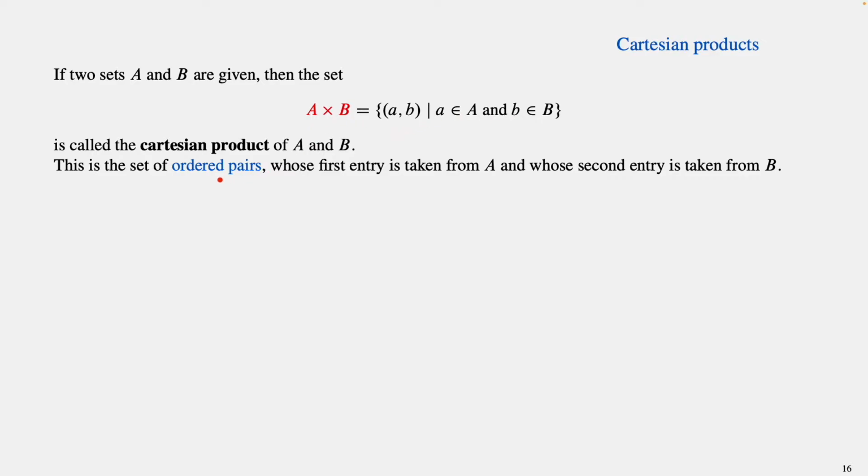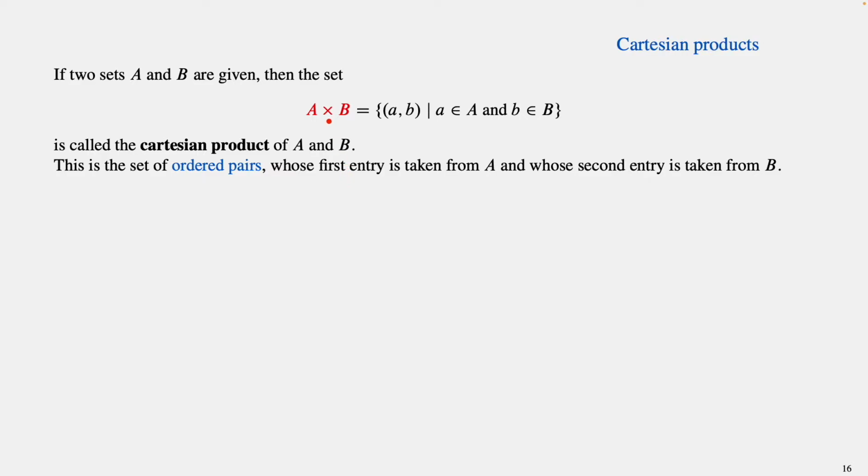So this is a set of ordered pairs whose first entry is taken from A and whose second entry is taken from B. Within this pair, we can't change the order if A and B are different sets. So it's important to note in which order we write down the sets in this Cartesian product.